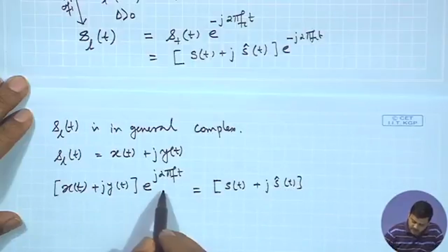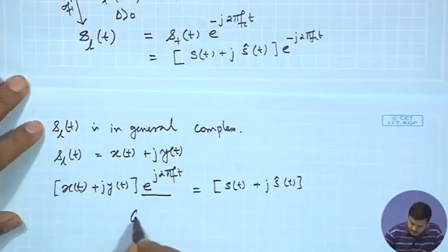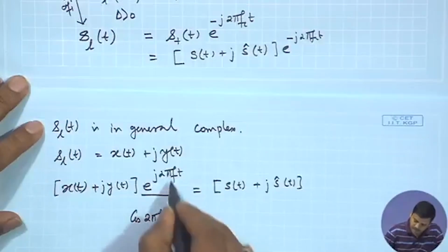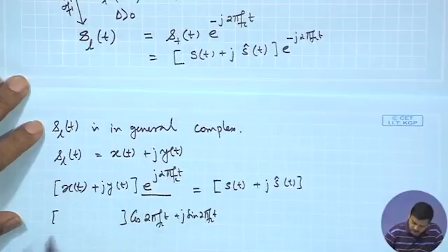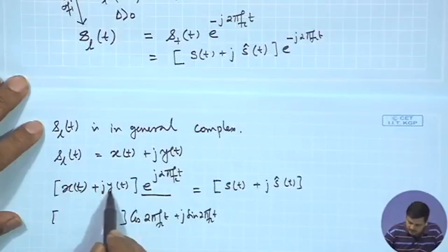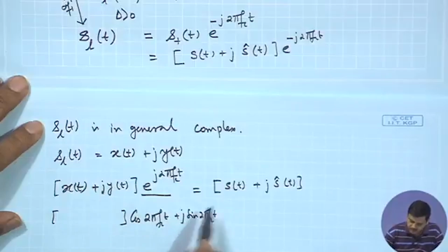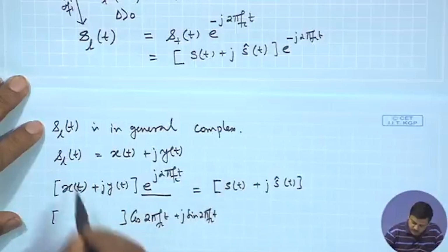And then you can expand this as cos 2 pi f_c t plus j sin 2 pi f_c t, and you are going to get x cos 2 pi f_c t minus y sin 2 pi f_c t, because j and j gives a minus sign. So, we will equate this real part to the real part.